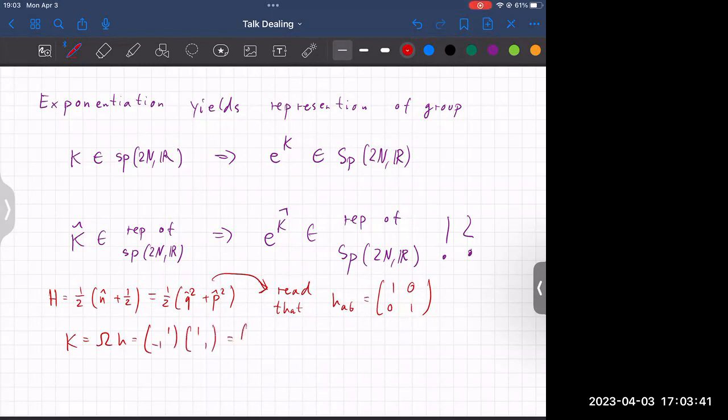So our K will just be this 2x2 matrix, and our corresponding K hat will be -i times H. So it's just -i times (1/2 number operator plus 1/2), or equal to -i/2 (q squared plus p squared).